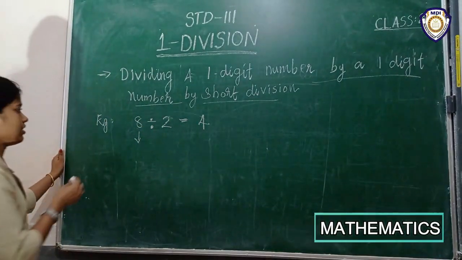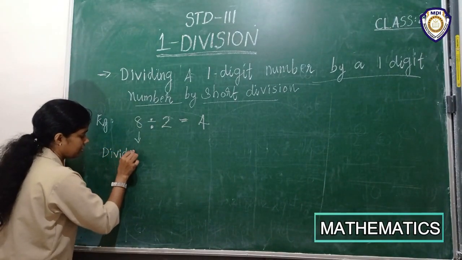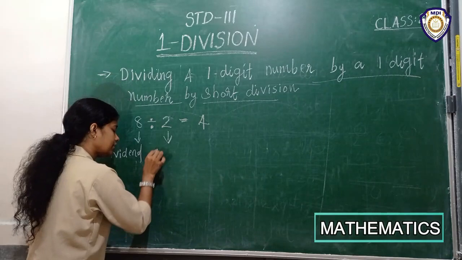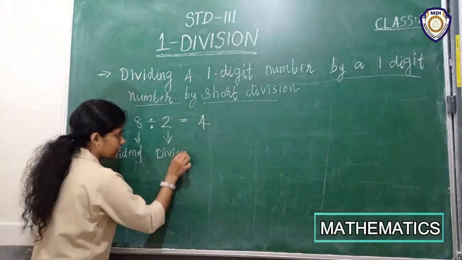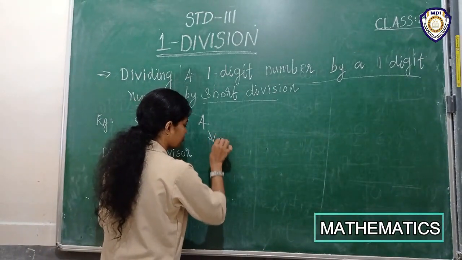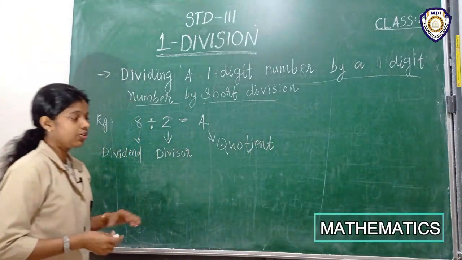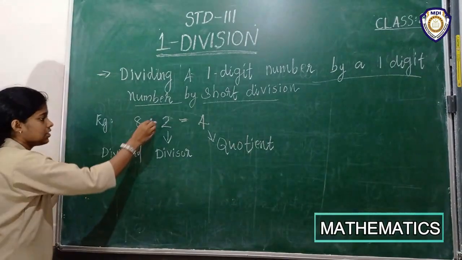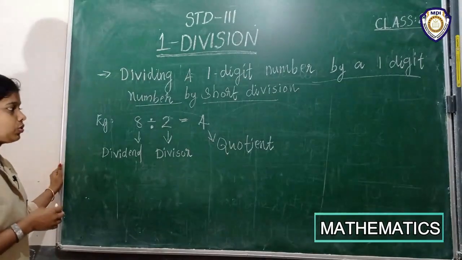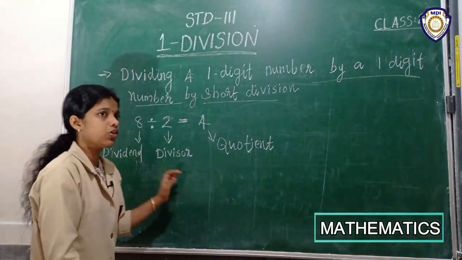4 is the quotient. Here 8 is the dividend, and 2 is the divisor, and 4 is the quotient. 8 divided by 2 equal to 4. The answer is the quotient.